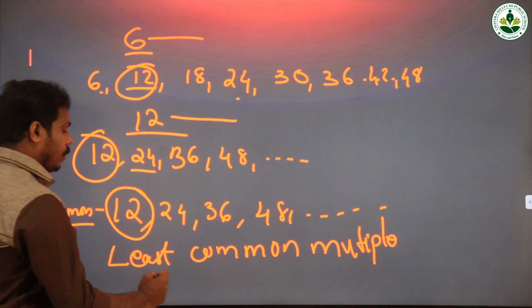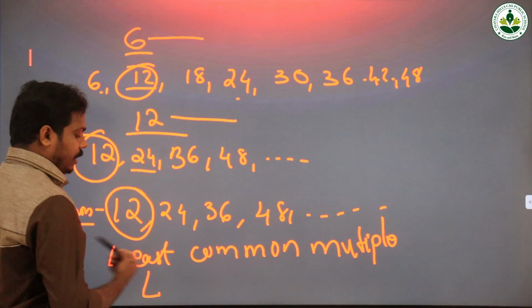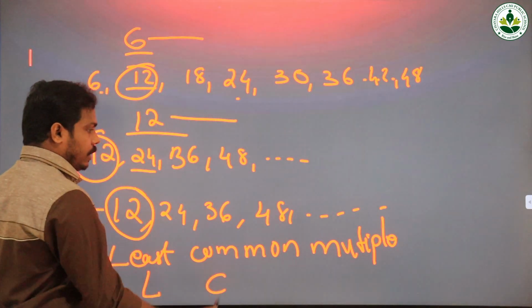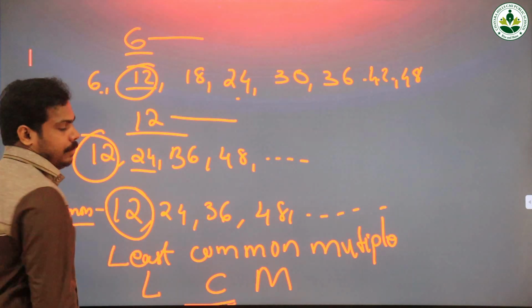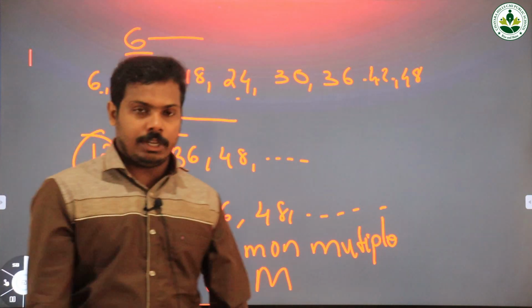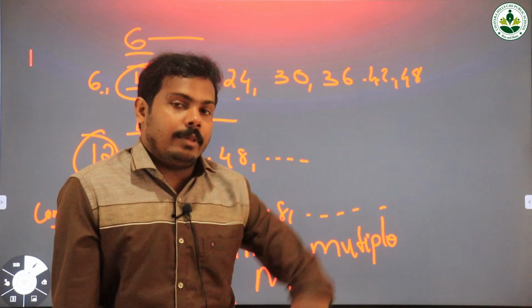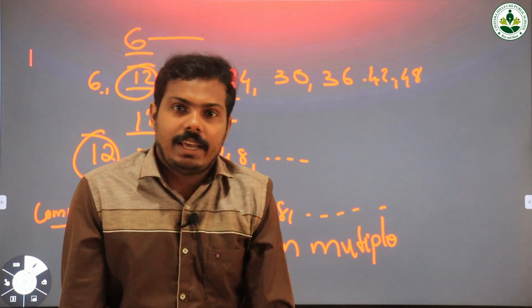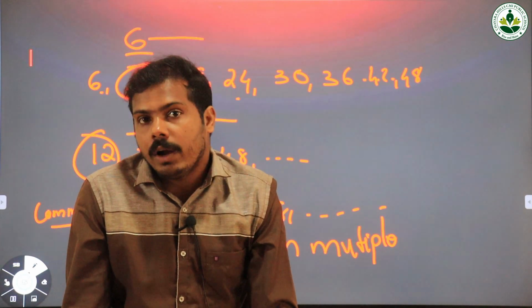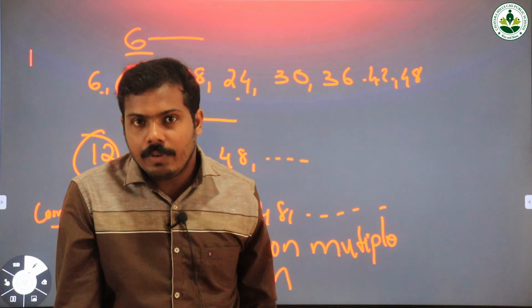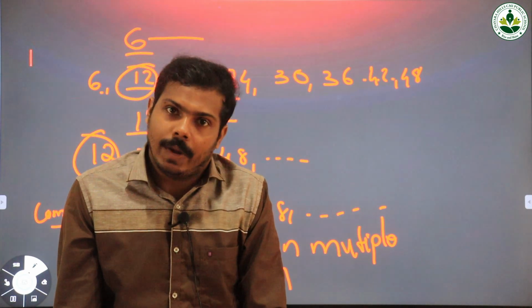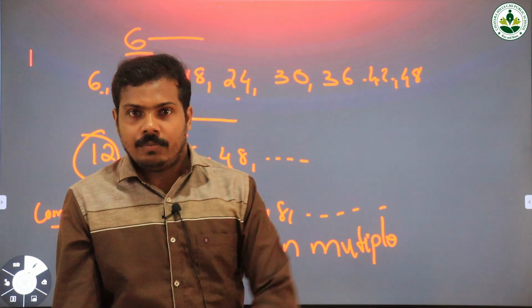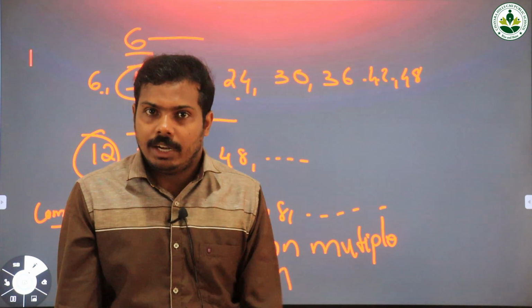So this is called LCM: we take L from least, C from common and M from multiple, we got LCM. In the previous classes we discussed HCF, highest common factor. Today onwards we are going to discuss LCM, least common multiple. The two are different. First is factor, second one is multiple.